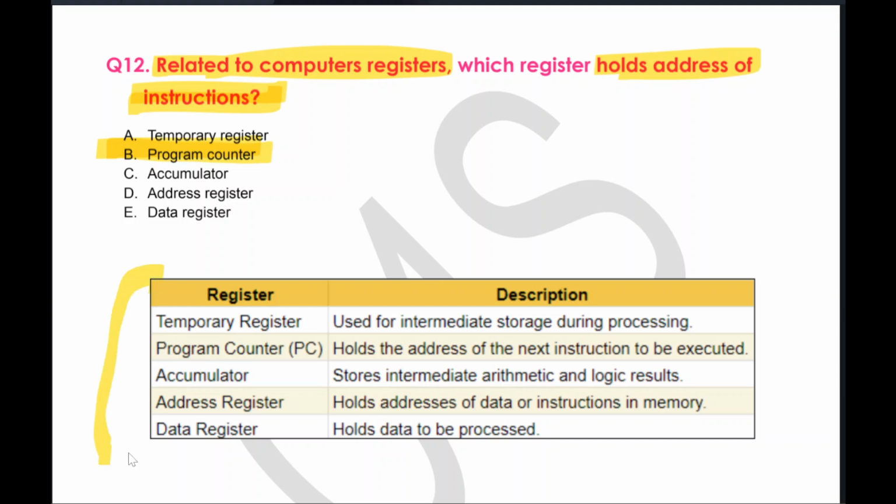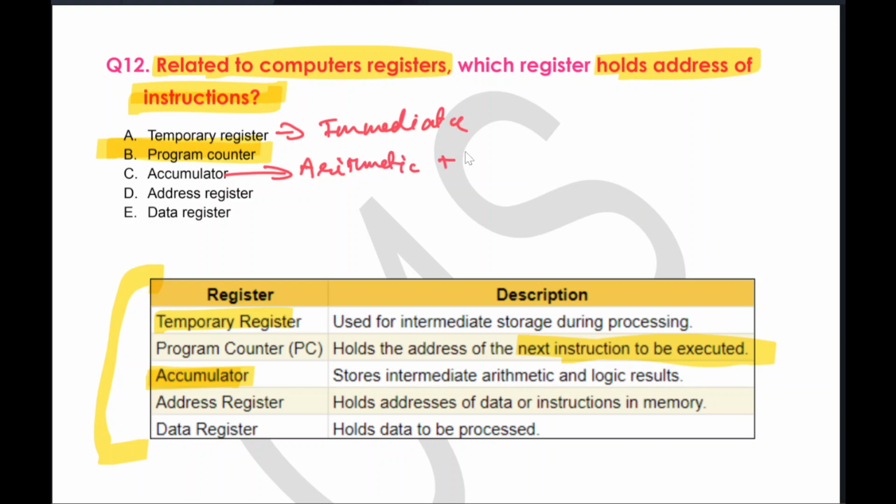So these are the different types of registers. The first one we have is temporary registers. Temporary means immediate. Program counter holds the address for the next instruction to be executed. Accumulator stores immediate arithmetic and logic unit results.